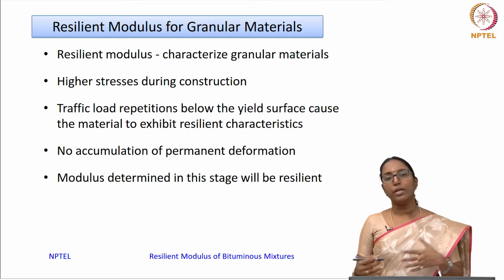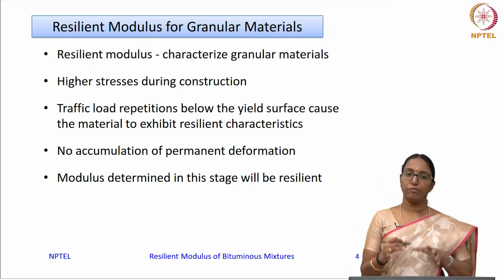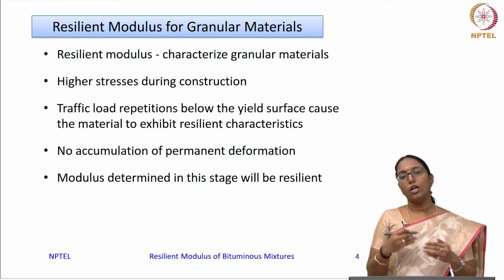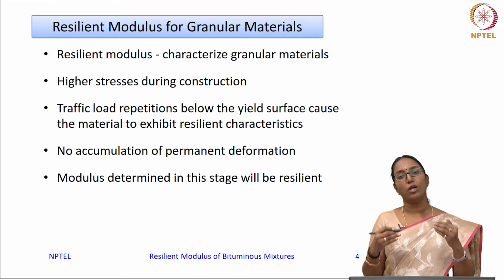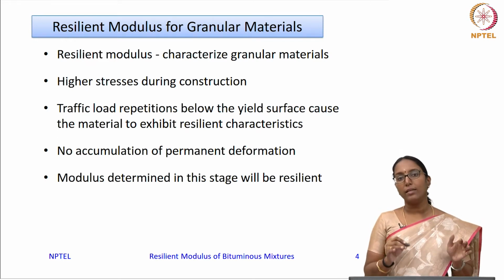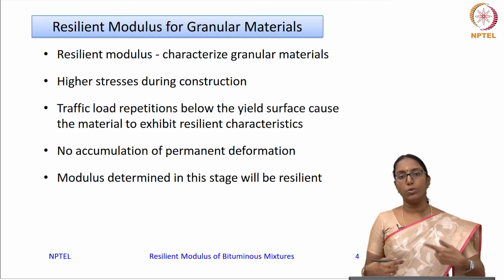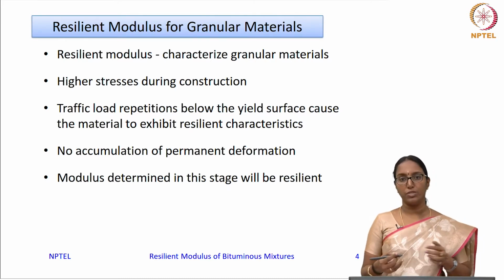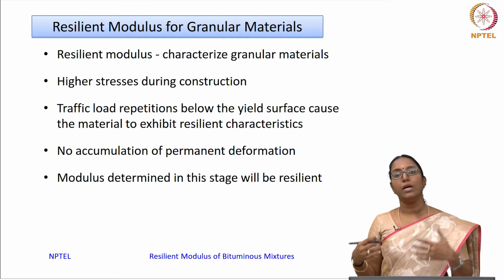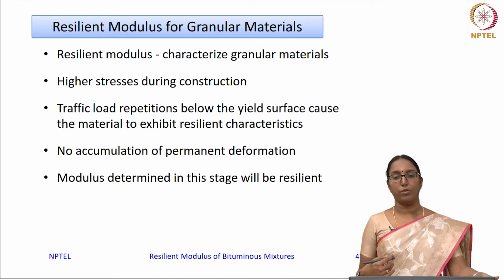So during their construction or compaction, they will be subjected to a substantial amount of loading, and hence a lot of permanent deformations or plastic strains might have already happened in the material, and the material might have reached a steady state. So if I continuously load a material, there will be recoverable as well as irrecoverable deformations, but after a certain point of time, the irrecoverable deformations will cease and there will be only recoverable deformations.